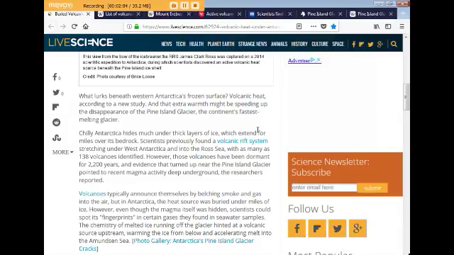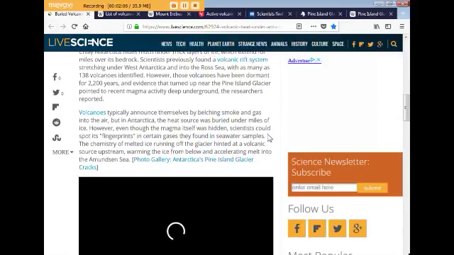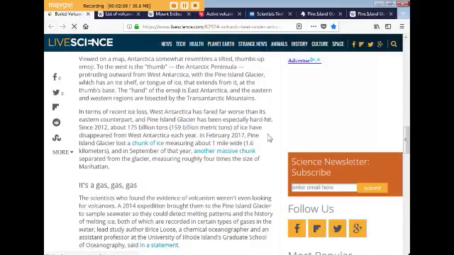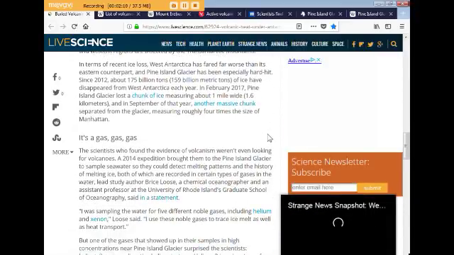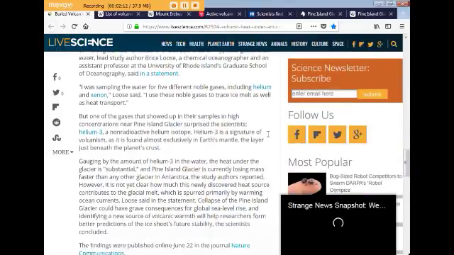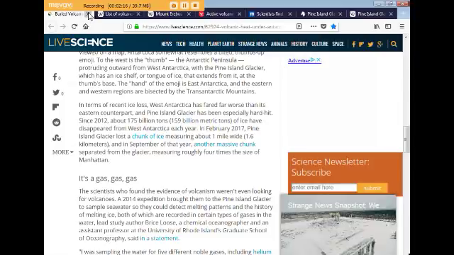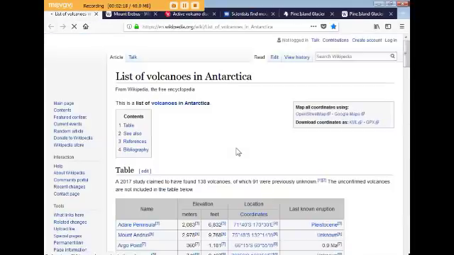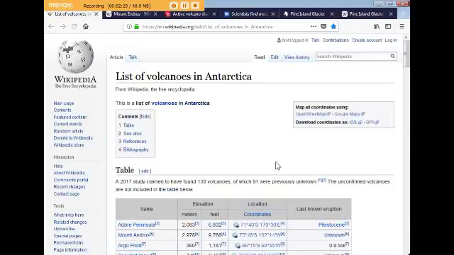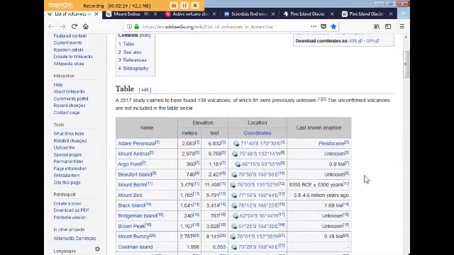So I'm going to leave this article below. There are other glaciers that have volcanoes going off. There are actually 138 volcanoes in the Antarctic. On Wikipedia, here's a list of volcanoes in the Antarctica.